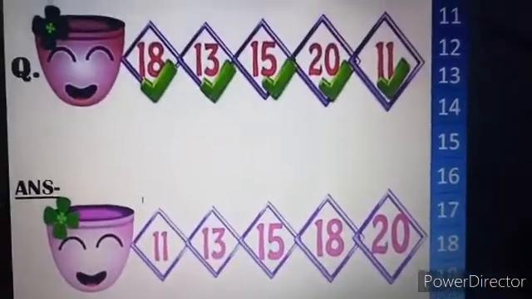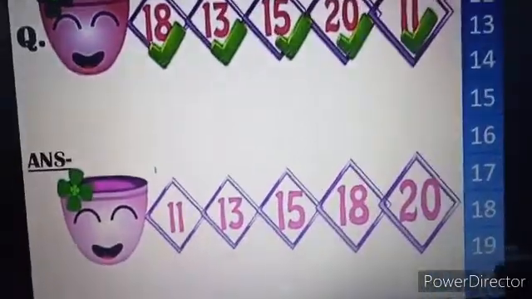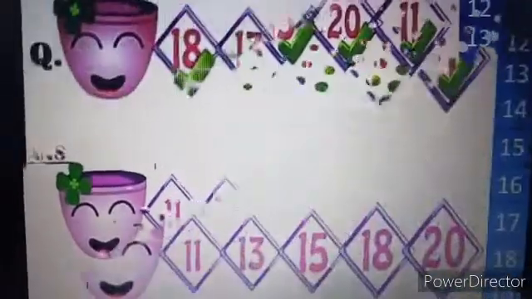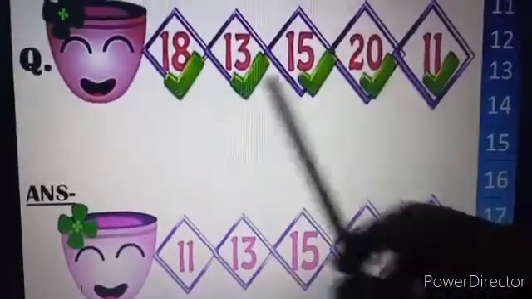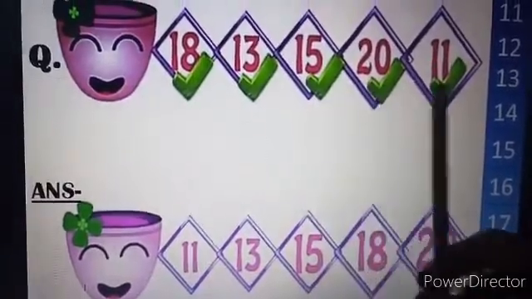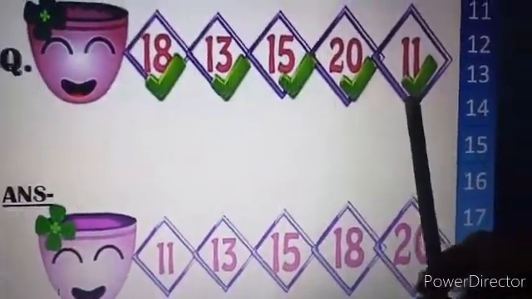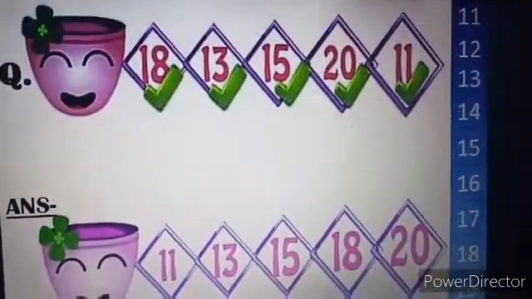Okay, see children, this side I have written the number line from 11 to 20. Got it? Now see children, which one is the smallest number among these numbers? 18, 13, 15, 20 and 11. Which number is smallest? In this number line also you can find it out.